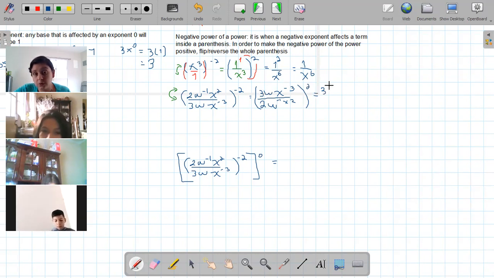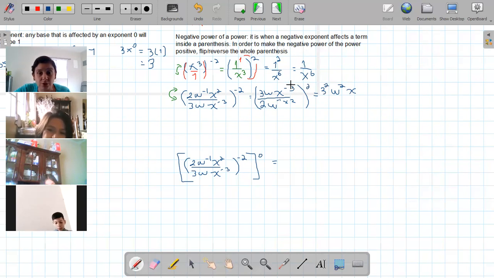To the second power. W to what power? To the 2 as well. And x to what power? To the 2.